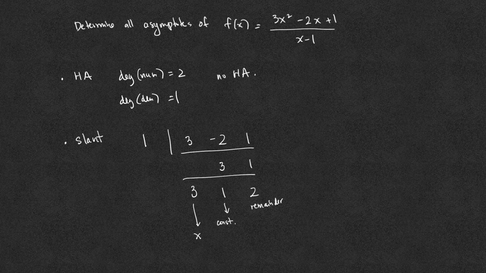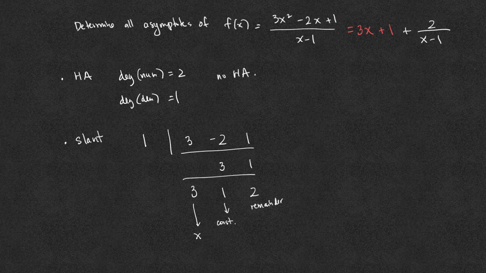And so this rational function can be rewritten with the quotient 3x plus 1, not just 1x, because 3 is the coefficient of x. We read off the quotient from the last entries in the synthetic division, 3x plus 1. And the remainder is 2, so we add 2 over x minus 1, over the divisor.